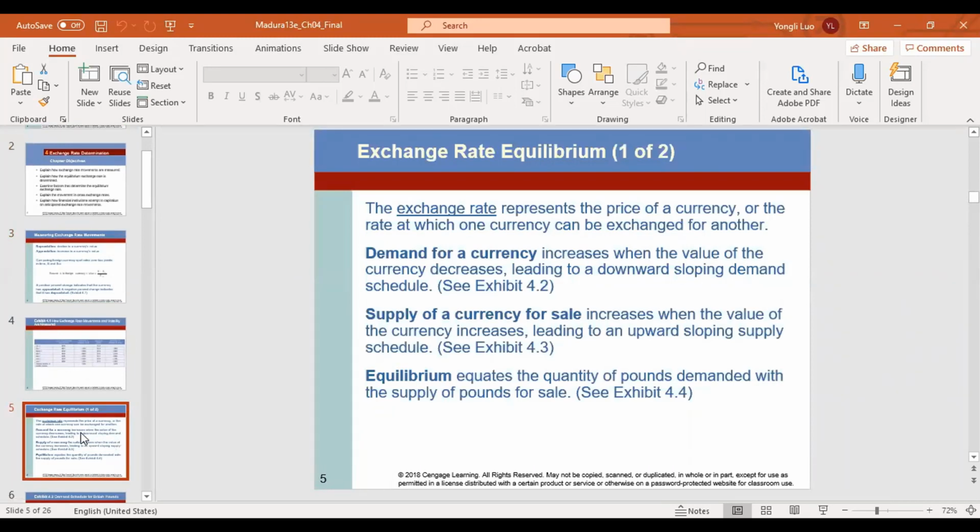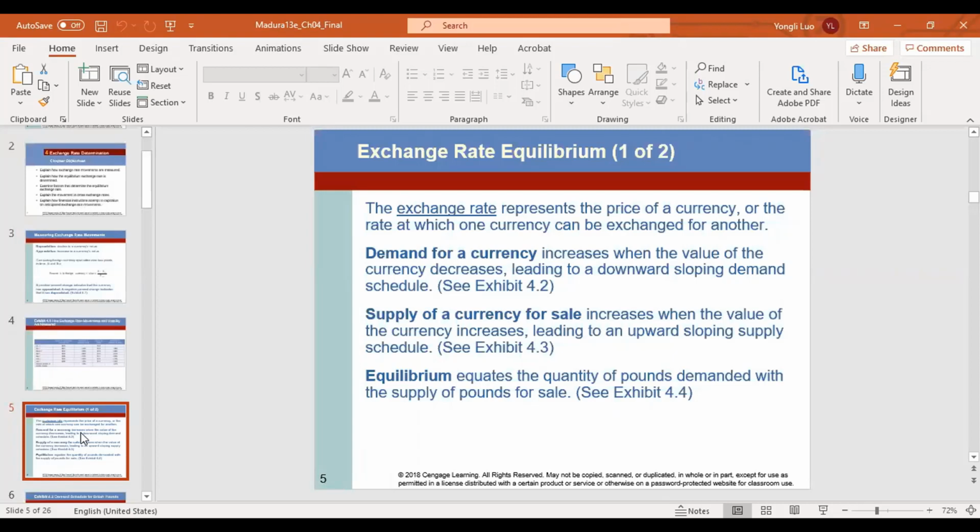The exchange rate represents the price of a currency, or the rate at which one currency can be exchanged for another. The exchange rate is determined by the demand for the currency and the supply of the currency for sale.